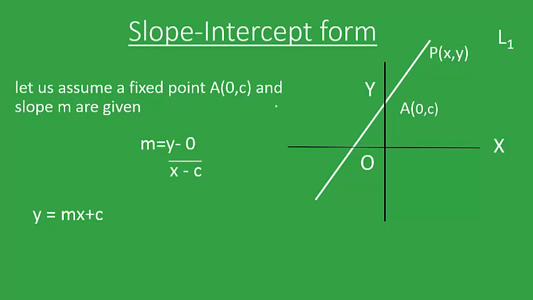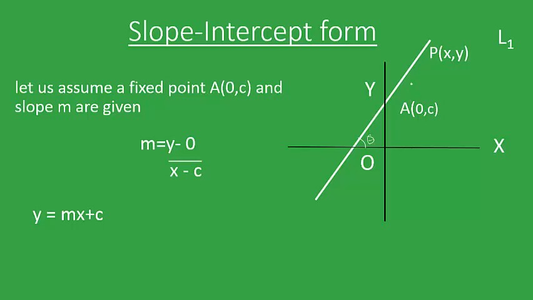In this form, we are given a point that lies on the y-axis, where the line intersects the y-axis, that is A, whose coordinates are (0, c), and the slope, that is this angle theta. To calculate this, it's easier. As you can see, it is the same as the first form, in which you have been given the value of m and the point A equals (0, c).